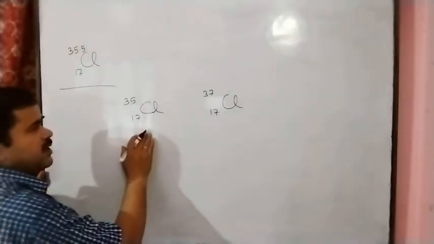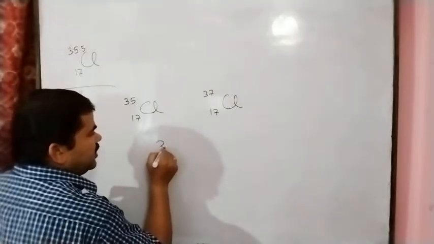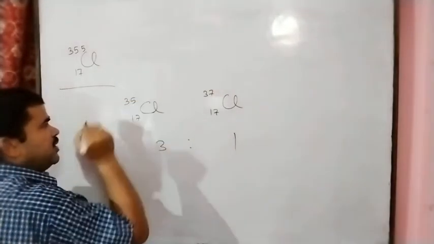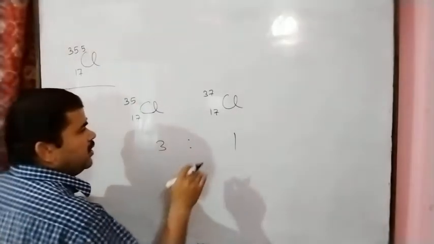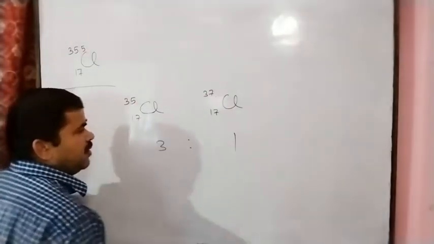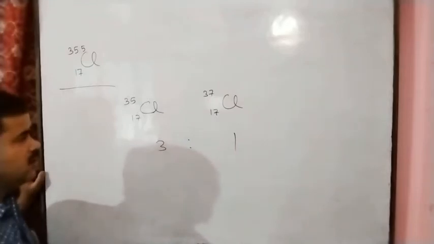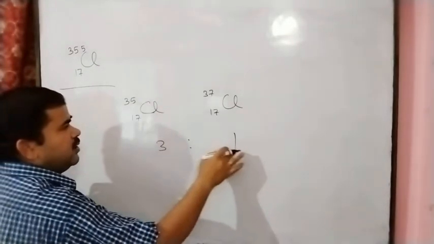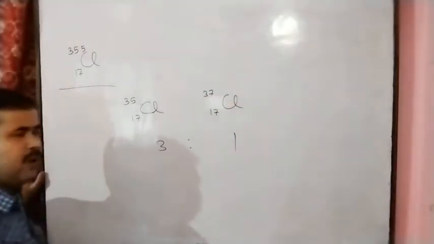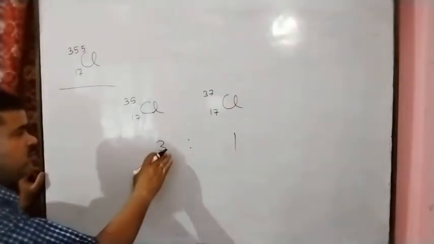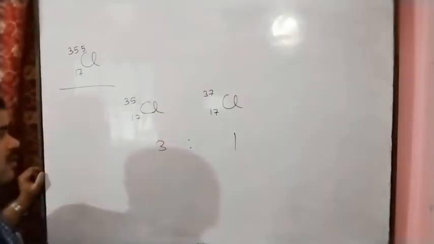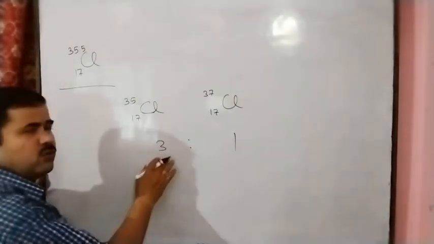These are present in nature in a ratio of about 3:1, meaning in the ratio of 3 there is chlorine 35 and in the ratio of 1 there is chlorine 37 found in nature. So what is the meaning of 3:1?